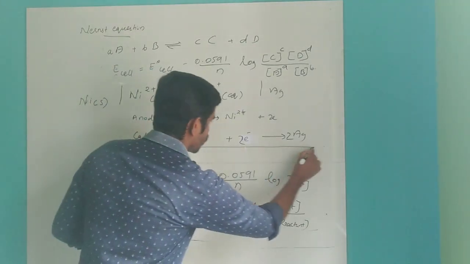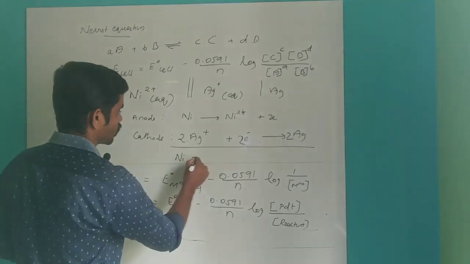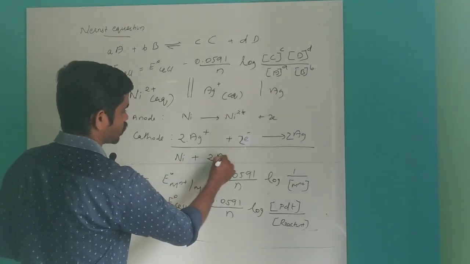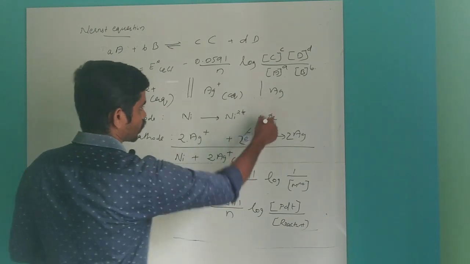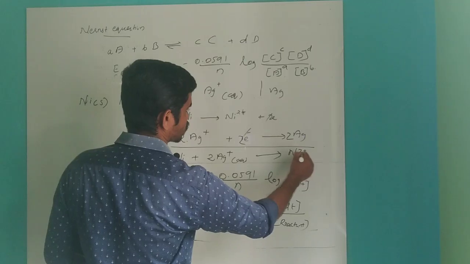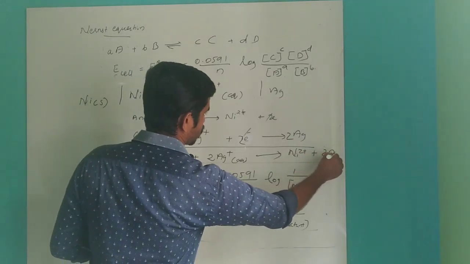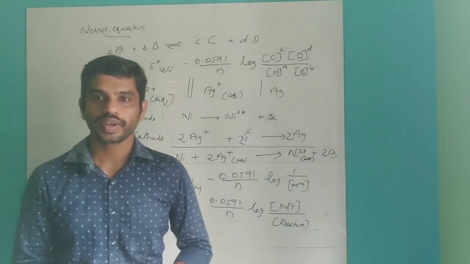Now take the overall reaction: Ni + 2Ag plus (aqueous), the 2 electrons you can cancel, gives Ni 2 plus (aqueous) + 2Ag.